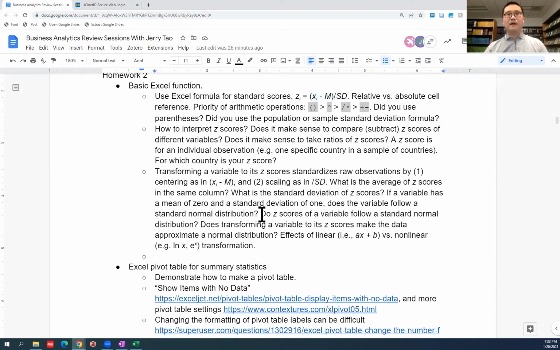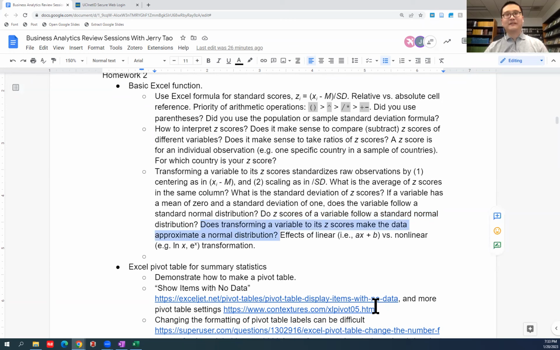So although we learned that the property of these scores is that they have an average of 0 and standard deviation of 1, this is not sufficient to make the z-scores or the raw values follow a normal distribution. Knowing that, let's practice this question.